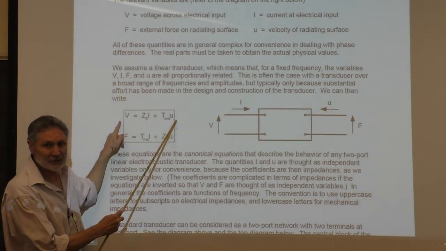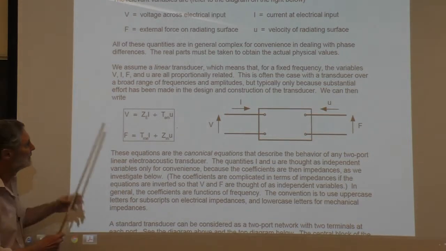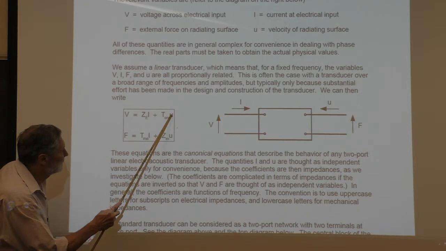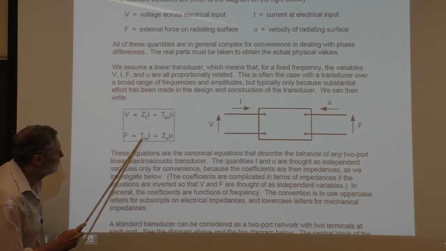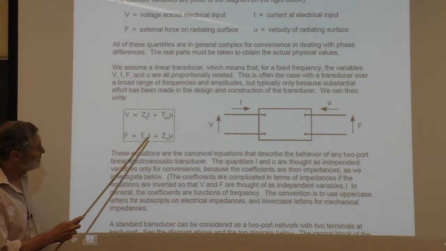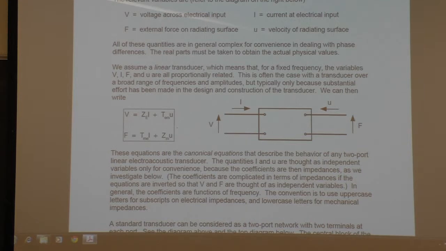That's transduction. So this TEM here, you want to read it going from right to left. This is the transduction coefficient going from mechanical to electrical. This one over here is going from electrical to mechanical. And in general, these are different. But there is a strong connection between them, and it's called reciprocity, and we'll start talking about that next week.